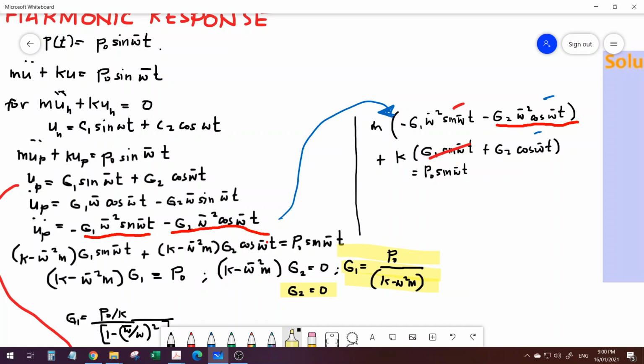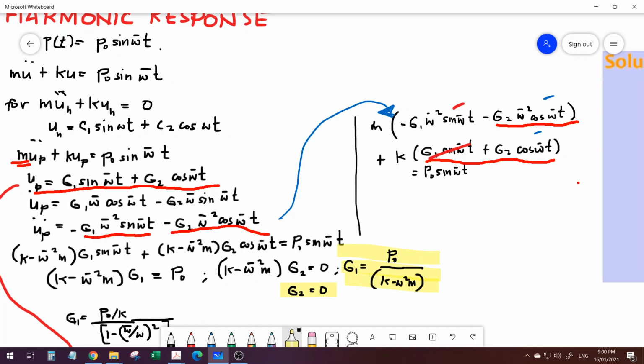So, yan. So, familiar na kayo dyan. Because, minultiply natin to sa M, di ba? Sa mass. Okay. While, for K, minultiply naman natin yung K sa U sub P. So, that is G1 sine omega bar t plus G2 cosine omega bar t.